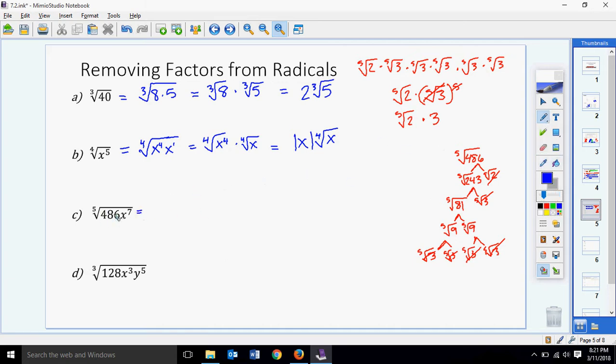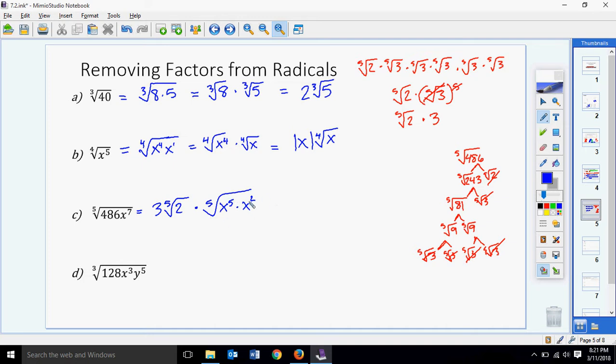We already broke down 486 to the 5th power. We got 3 to the 5th power times 2. And we know that our variable was broken down into x to the 5th times x squared.